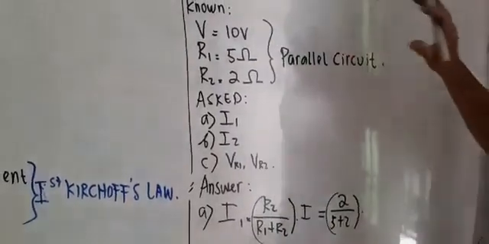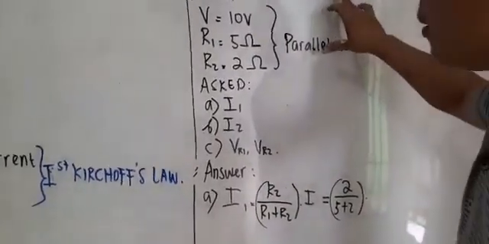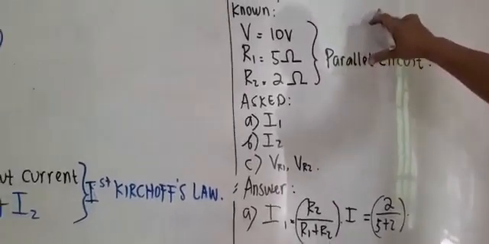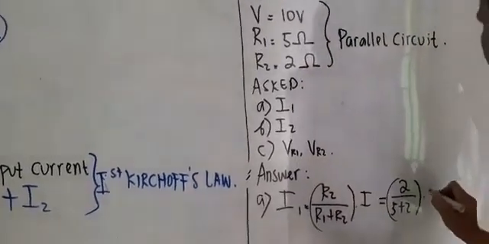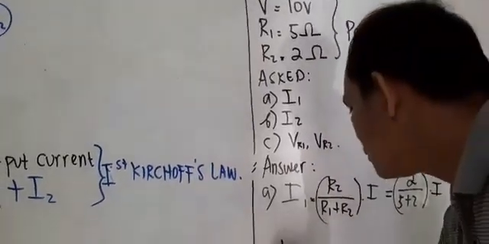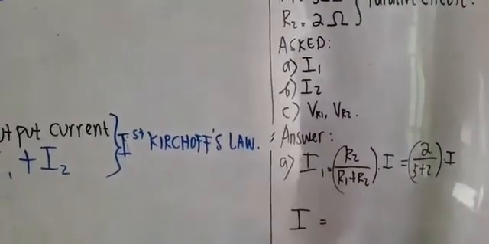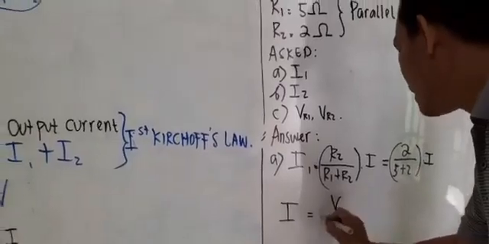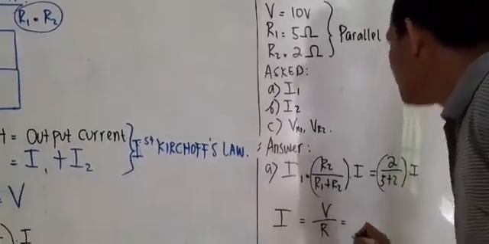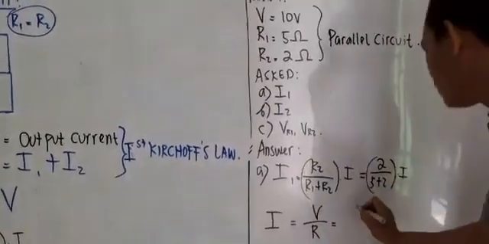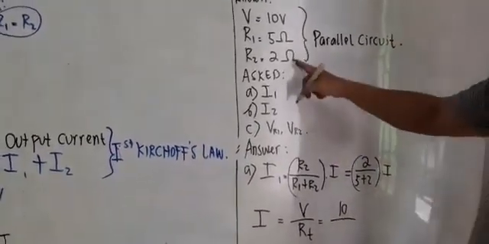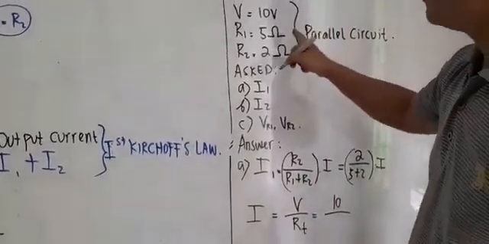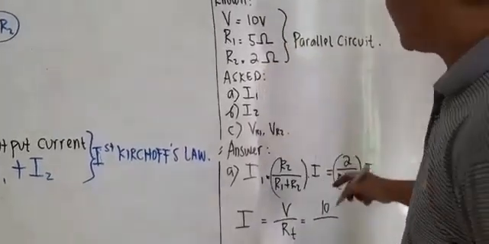The question does not tell you about I, but we can find I here. By the formula, I is equal to V divided by R, which is 10 volt divided by the total resistance. The total resistance when it is in parallel will be like this.